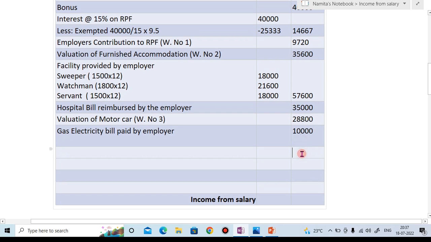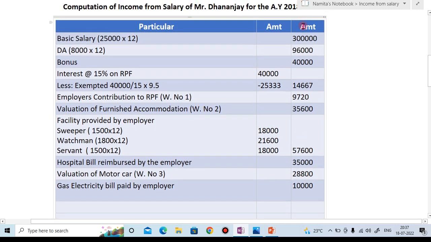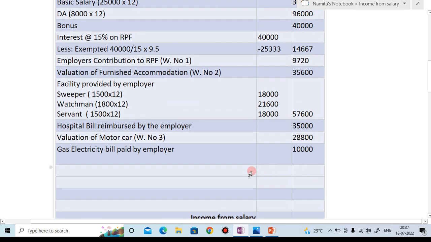After adding all this, we get the gross salary, which is 6,27,387.